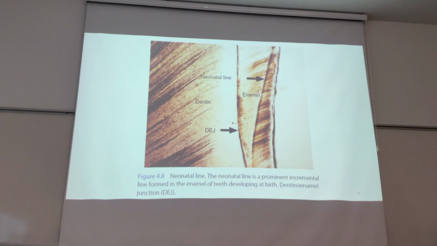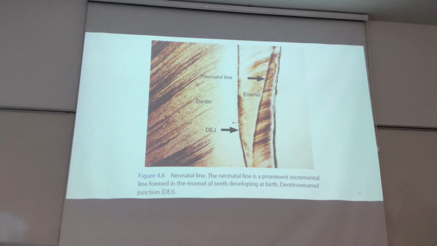But as you know, our ameloblasts are present here on the outer side. So the newly formed enamel is present on the outer surface, and the enamel which formed afterward is present in this part. Okay? This enamel is related with the enamel before birth. Okay? Can you understand?